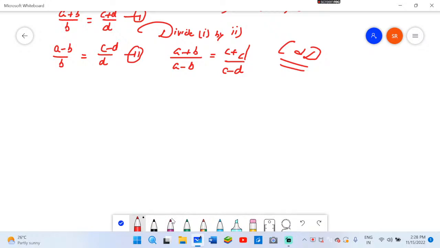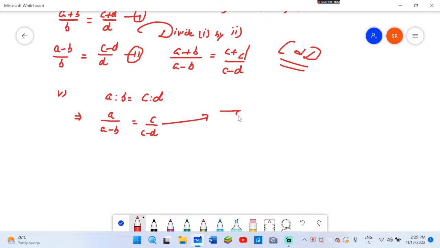And there is one more property. That is, if A is to B is equal to C is to D, then A upon A minus B equal to C upon C minus D. And we call this property convertendo.